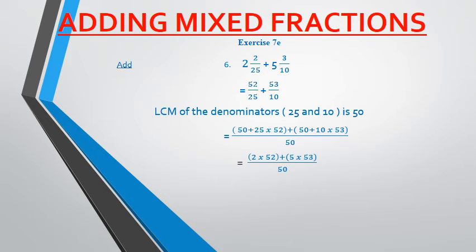We get 2 multiplied by 52 plus 5 multiplied by 53 upon 50, which in turn is equal to 104 plus 265 by 50, which is equal to 369 by 50. And this is an improper fraction, so we have to first change it into a mixed fraction. And what do we get? We get 7 19 by 50, which is our final answer.